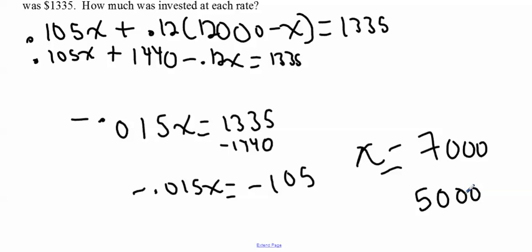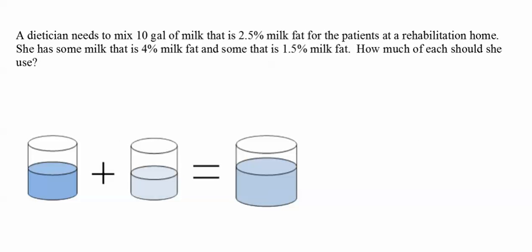All right. There's a couple other things that they might do. Might talk about something that's talking about mixtures. So this is a dietitian needs to mix 10 gallons of milk that is 2.5% milk fat for the patients at a rehab home. She has some milk that has 4% milk fat and some that has 1.5% milk fat. How much of each should she use?